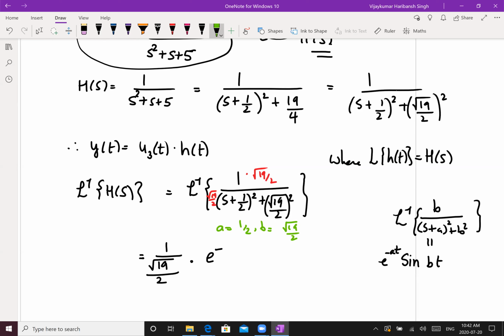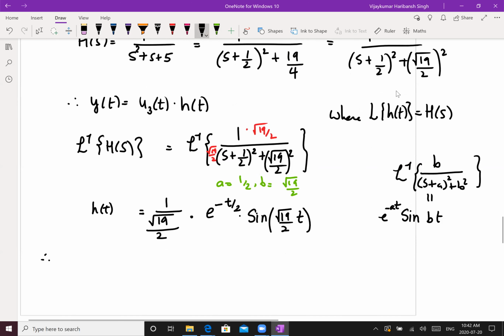So we get e to the power minus t by 2 sine of root 19 by 2 t. So this is your h(t).